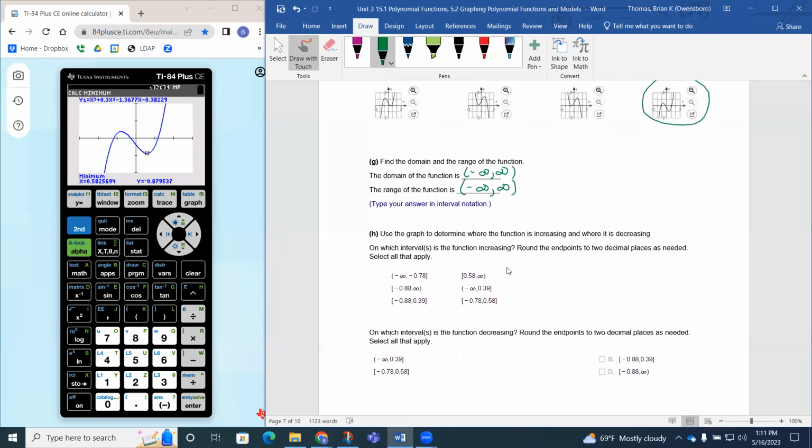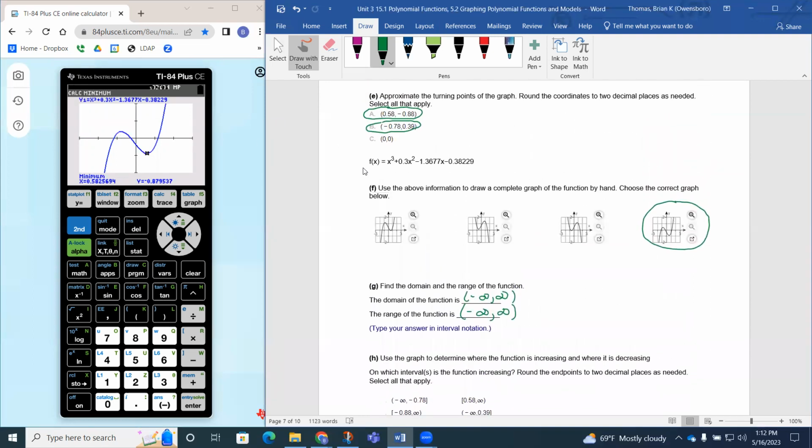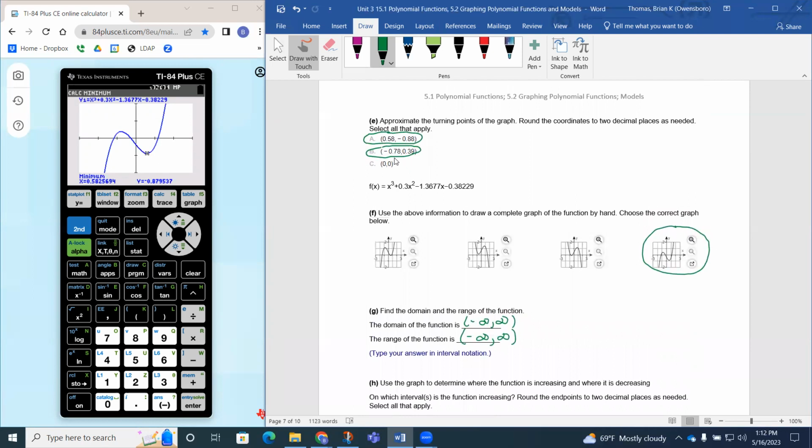So we want to use the graph to determine where the function is increasing and decreasing. Select all that apply. So on which intervals is the function increasing? Round the endpoints to 2 decimal places. So notice that it is increasing from like -infinity up to this turning point. And what was that x value at that spot? That was that -0.78.